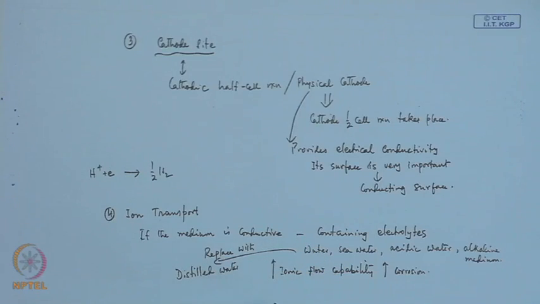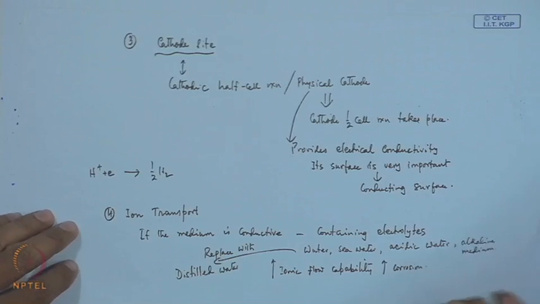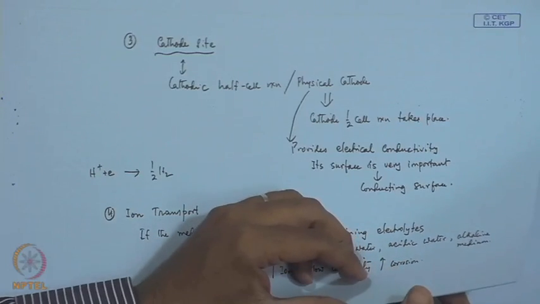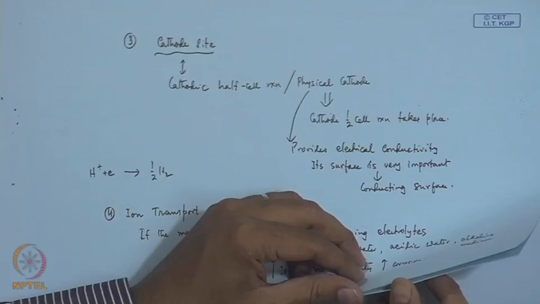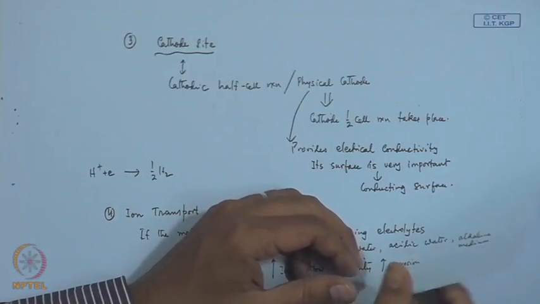Because compared to your sea water, acidic water or alkaline medium, this has got low conductivity, and low conductivity means it does not support high corrosion. Okay. So, ion transport rate is important in determining the corrosion rate.